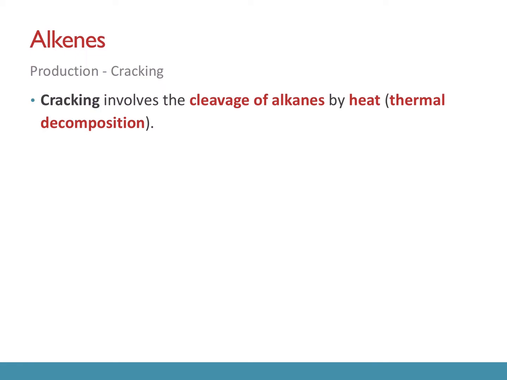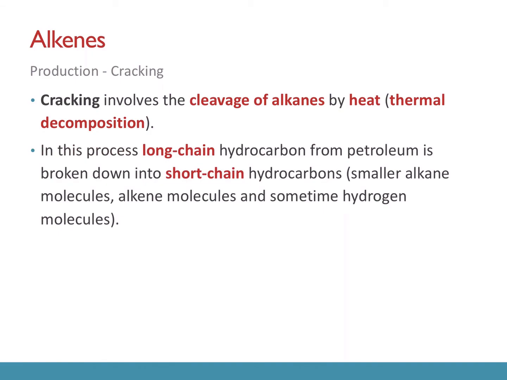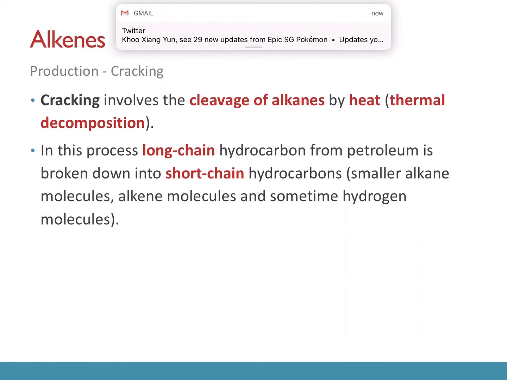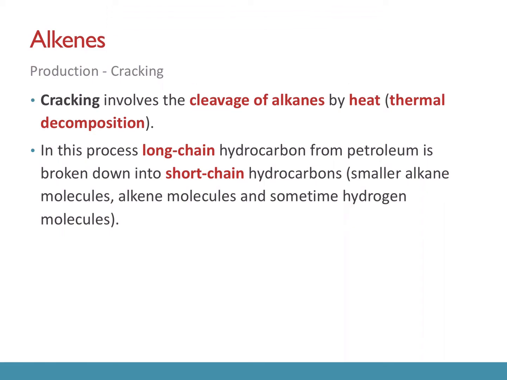The production of alkenes is done using cracking. Cracking is a process that involves the cleavage of alkanes by heat. So you just heat up a long chain alkane. In this process, a long chain hydrocarbon from petroleum is broken down into short chain hydrocarbons.